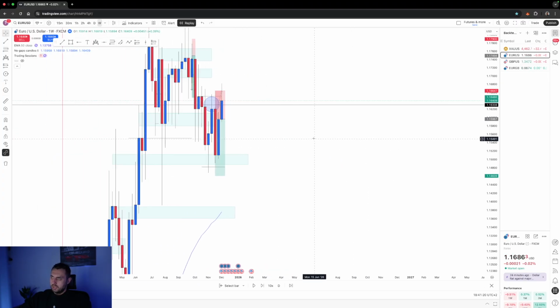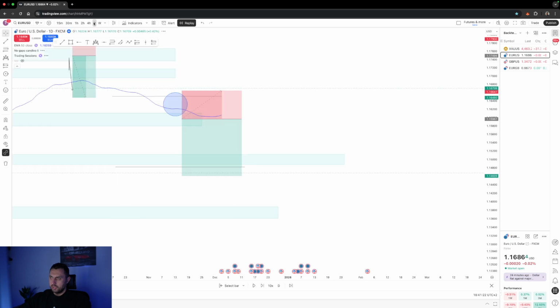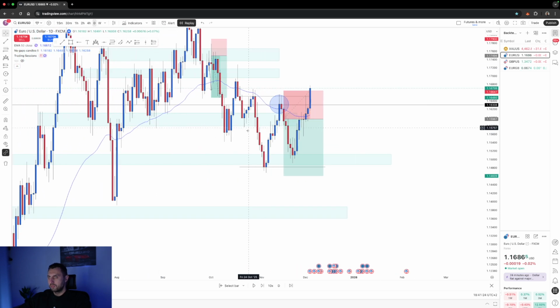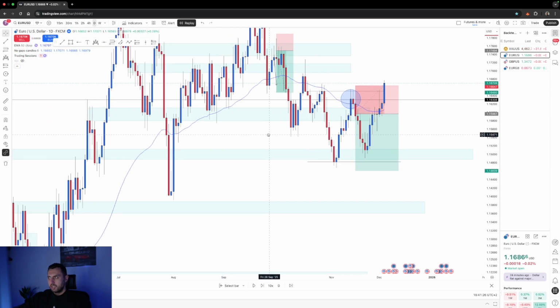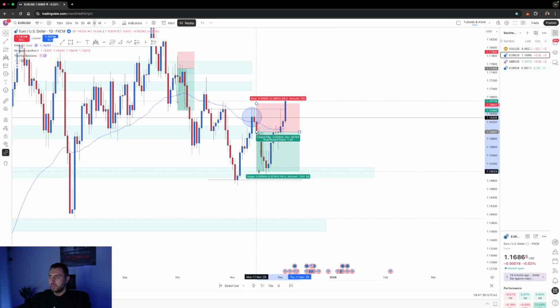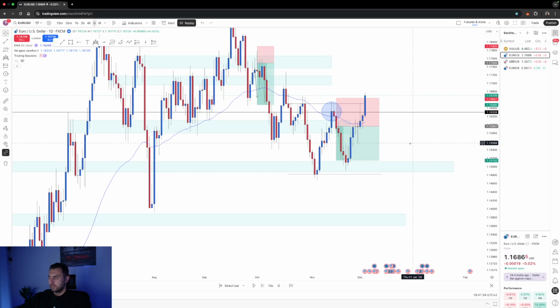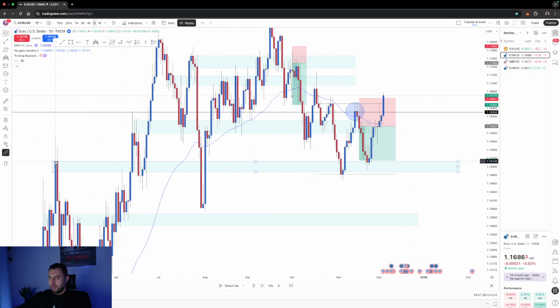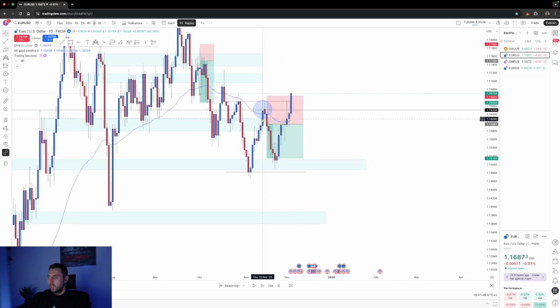Yeah, as we can see, this is the thing. We had to put our take profit somewhere around here, because it rejected this zone one time, as we can see, and this is a valid area of interest.